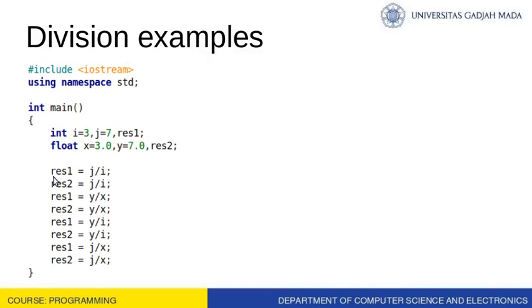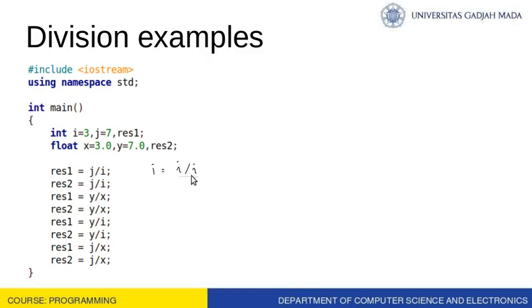So here the first operation is integer divided by integer, and then I store it in an integer. So integer divided by integer, definitely we will have rounding.